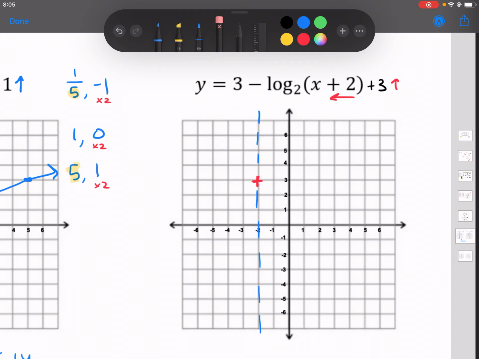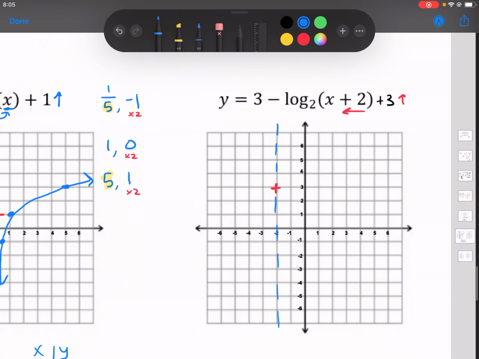And if I were using key points, the key points I would use would be 1/2, -1, because remember this base tells us this number. I'd have 1, 0, and then I'd have 2, 1, because of that. And the only thing that's happening is this negative in front.